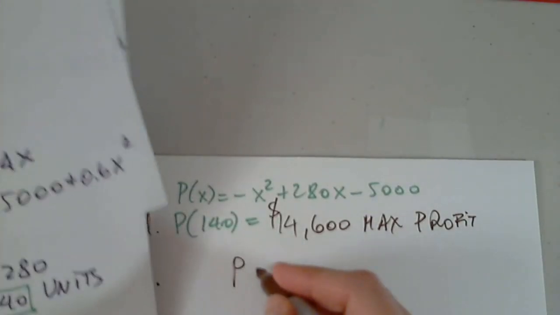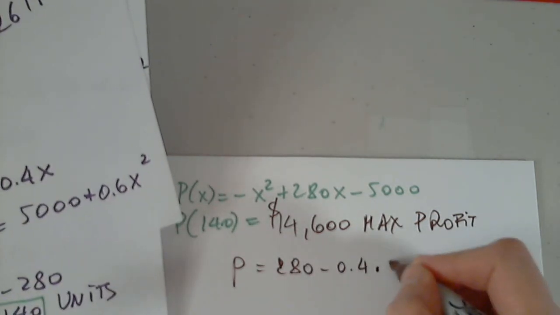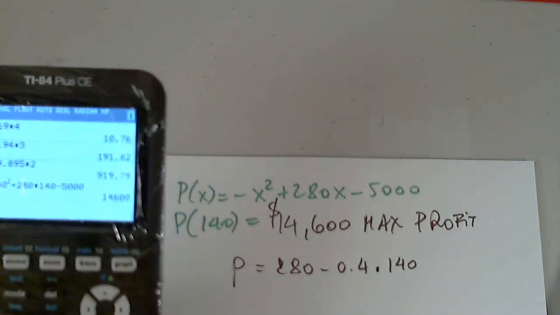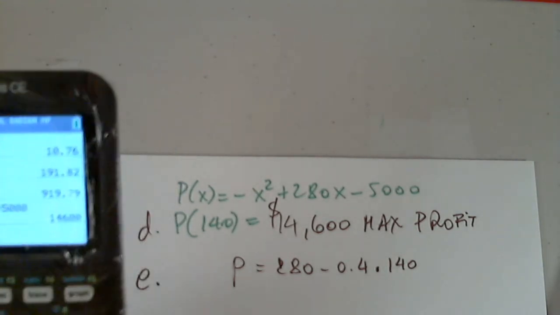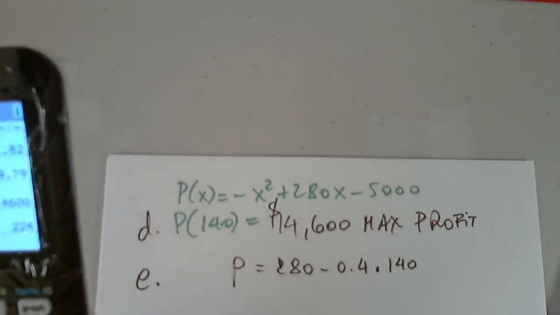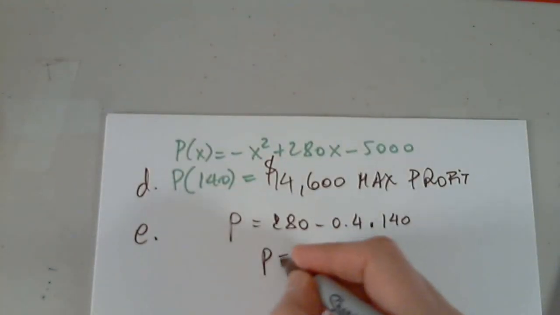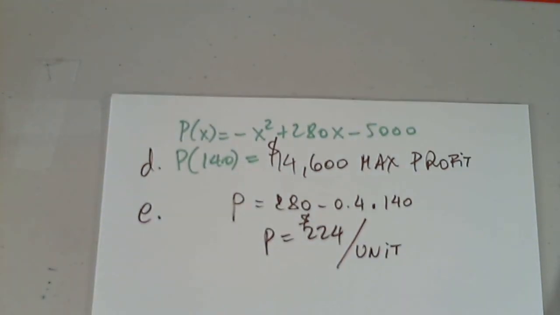So the price is 280 minus 0.4 multiplied by 140, which is x for maximum profit. 280 minus 0.4 times 140. 224 dollars per refrigerator, per unit.